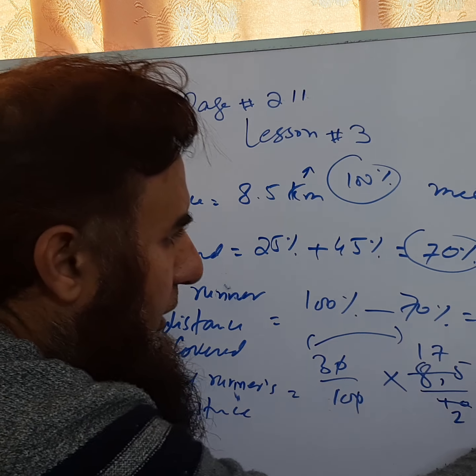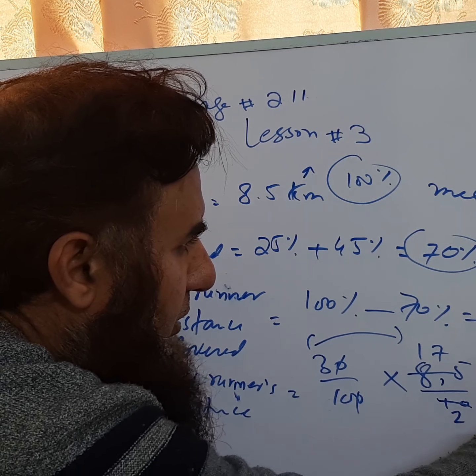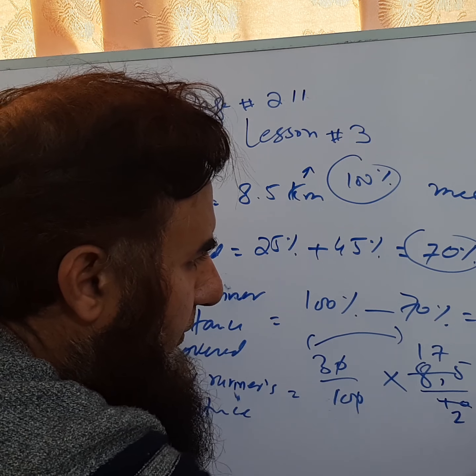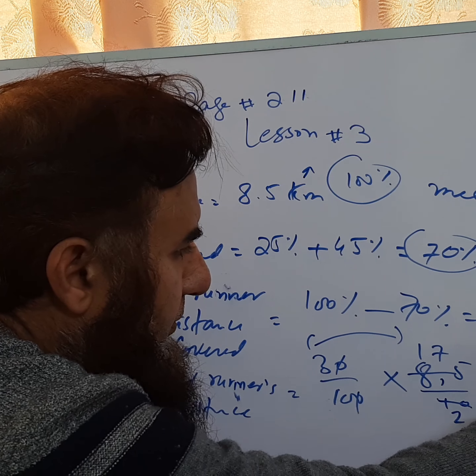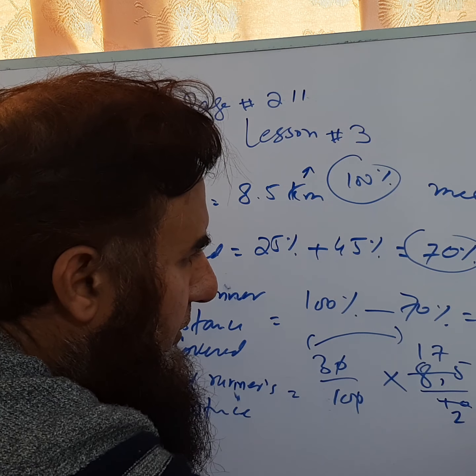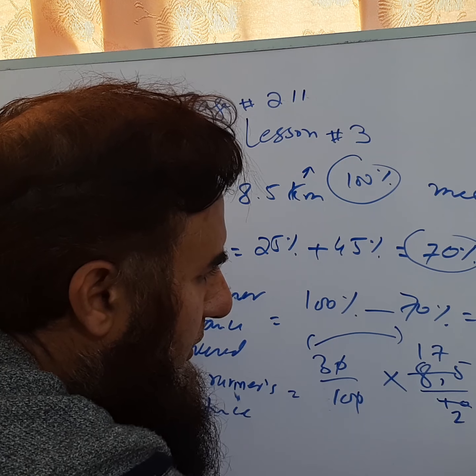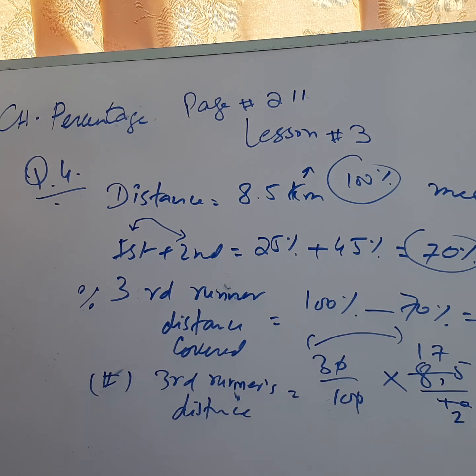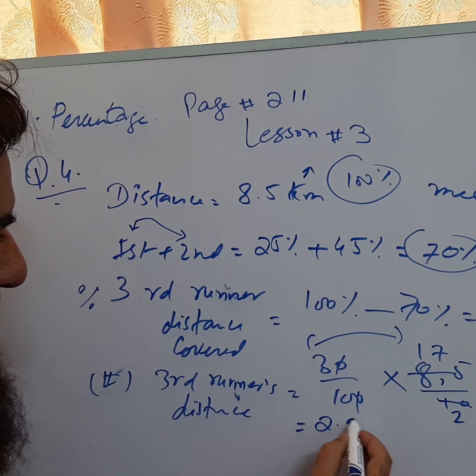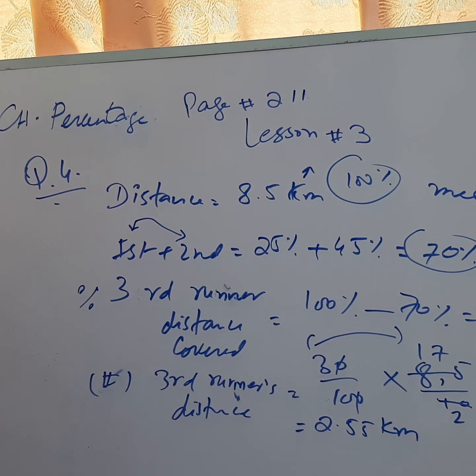So 2 2s are 40, 11, it is smaller, put 0.0, 5, it becomes 100, 100, 2.55. So 2.55 kilometers was the distance covered by the third runner.